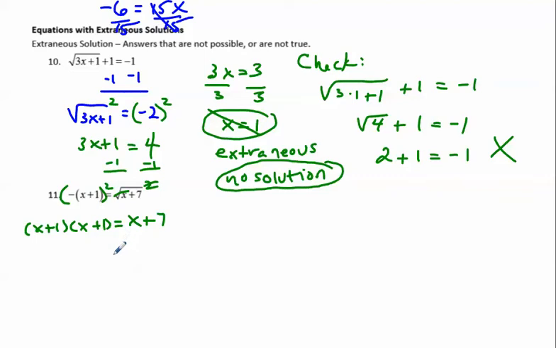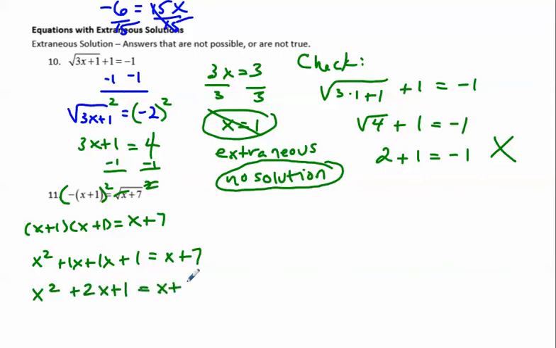And then I get x squared plus 1x plus 1x plus 1 equals x plus 7. Combine like terms, x squared plus 2x plus 1 equals x plus 7.